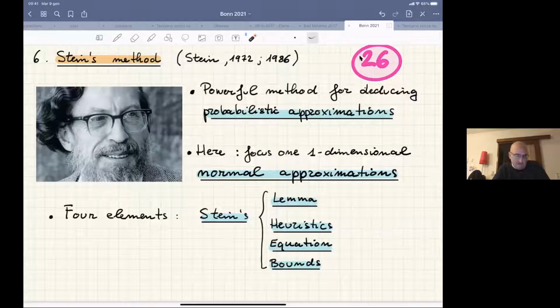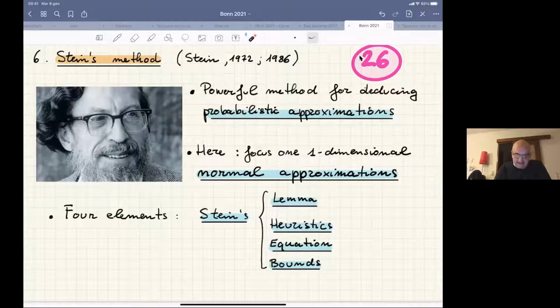And whenever one presents Stein's method for normal approximation, there is a sort of narrative that one is compelled to follow. This narrative starts with a lemma, which is Stein's. Everything is Stein. So there is a Stein lemma that suggests a Stein heuristic, which can then be formalized into Stein equations and controlled with Stein bounds. These are four steps that are the canonical steps for presenting the narrative of Stein's method.